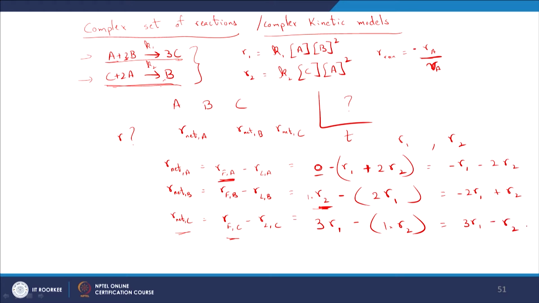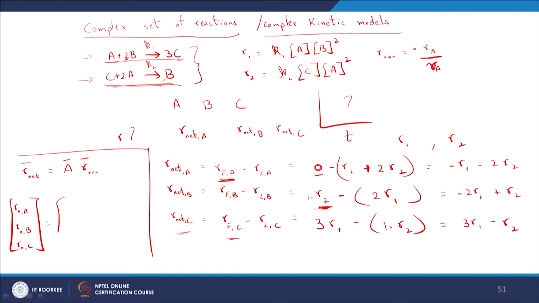So in general, how are we going to express these sets of equations? We are going to express them as matrices. The R net matrix is equal to the relevant coefficient matrix times the rates of the reaction matrix, right? So R net will be the matrix that has R net of A, R net of B, and R net of C. And what is it going to be equal to?